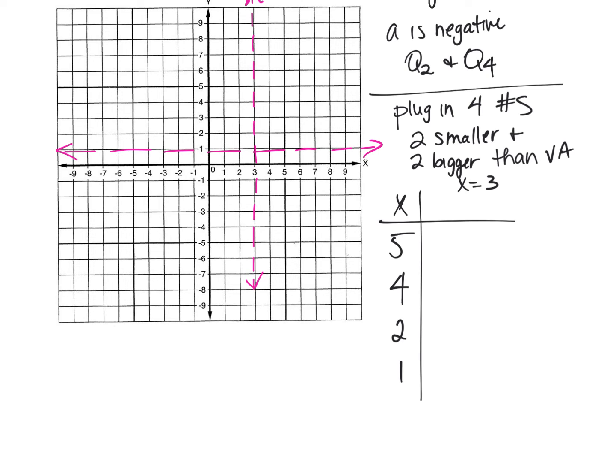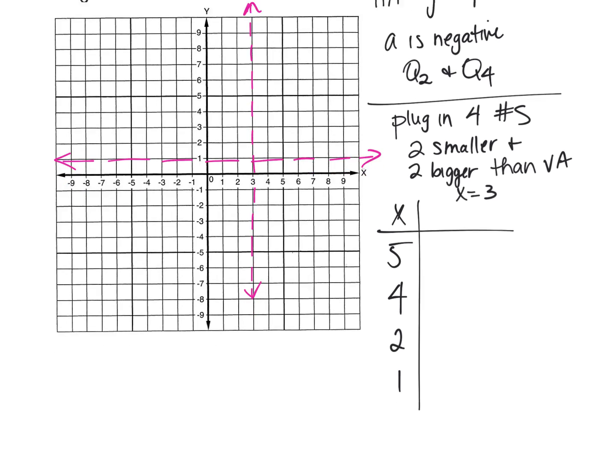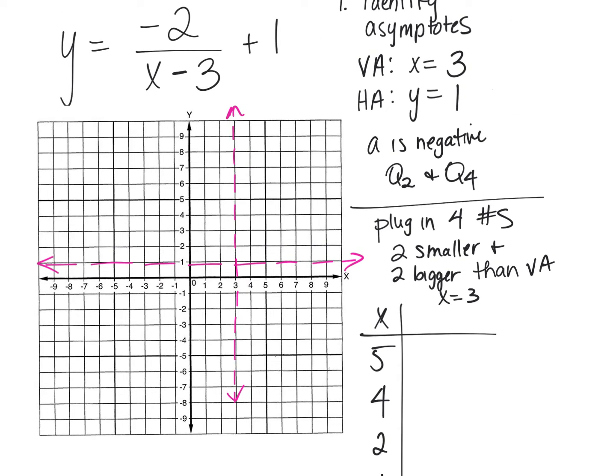Okay. So then we're going to plug it into our function, which was negative 2 divided by x minus 3, plus 1. The nice thing is it's not super complicated math here, right? We're adding and dividing. Negative 2 divided by 2, plus 1.